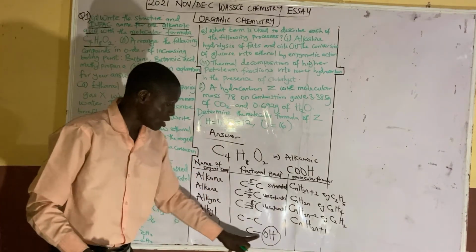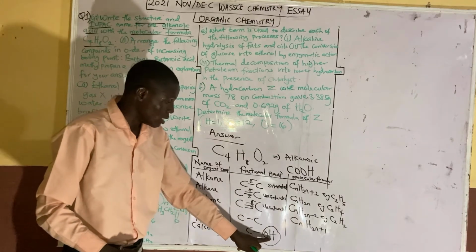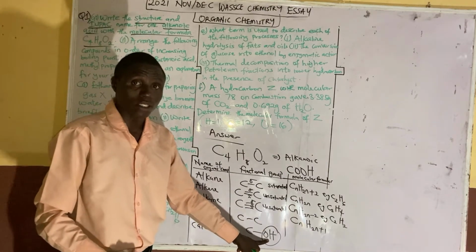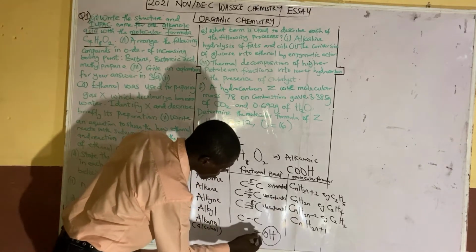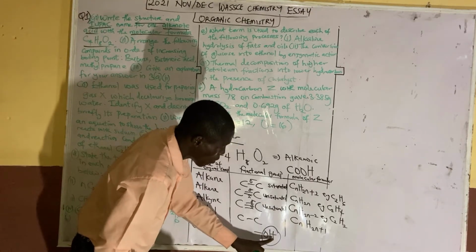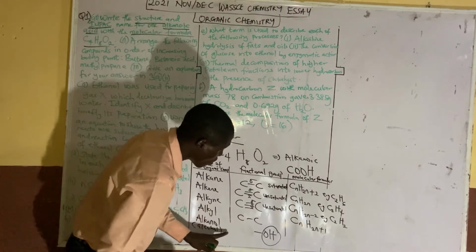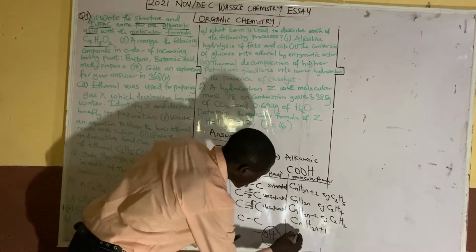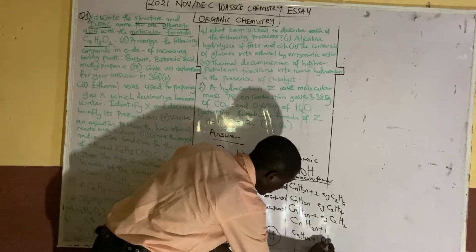This hydroxy is attached to carbon. So dash C-OH, that is where C will be. So this is called the alcohol group. It has CnH2n plus 1 OH.